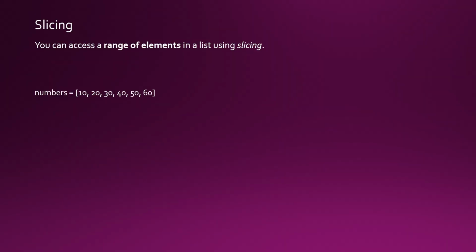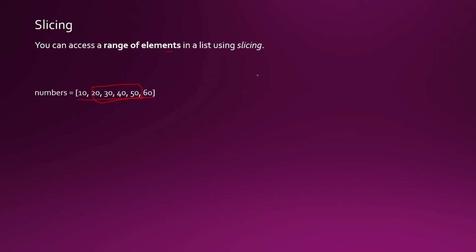Next is slicing. Slicing works in the list in the same way how slicing works in string that we have learned in our previous video. So basically, you can access a range of elements in a list using slicing. This is our list. If you want to access a range of elements, suppose this position, this is called slicing.